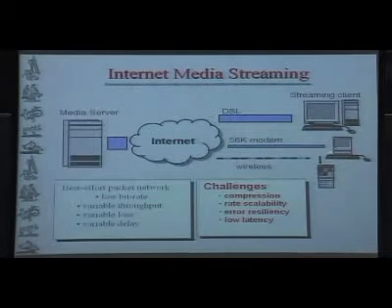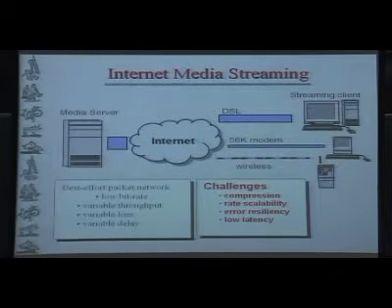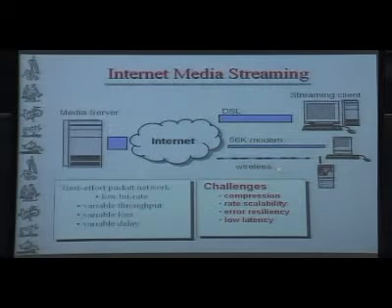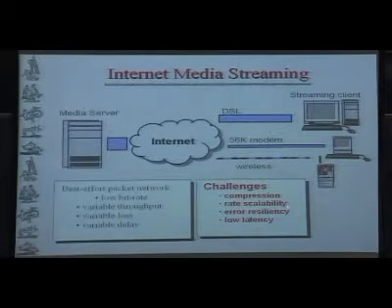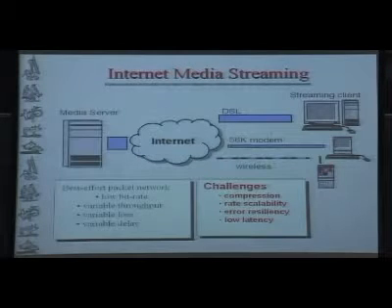There might not be a lot of people doing 56K modem anymore, but still there might be some. There are people accessing it from their wireless cell phones, for example, or their PDAs. Obviously, we have to worry about compression, scalability, error resiliency, low latency. So all these things have to come into play.